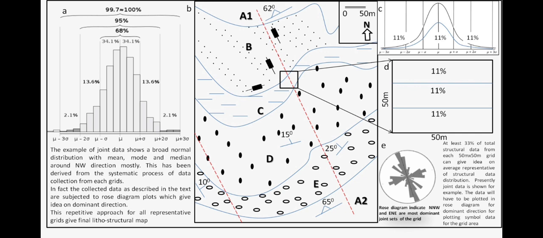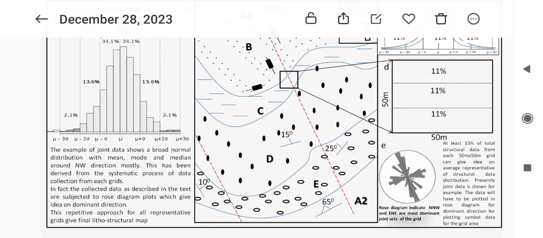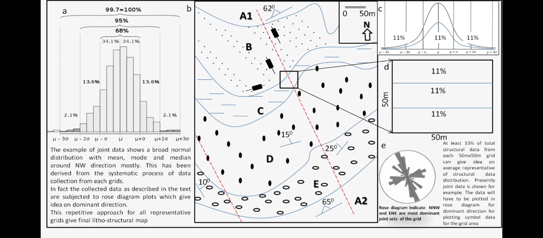So the point is how to make all the structural symbols visible in a map in an unbiased way, because the symbol will itself occupy a certain area, and as per the scale, that symbol size itself will be taking a certain area.